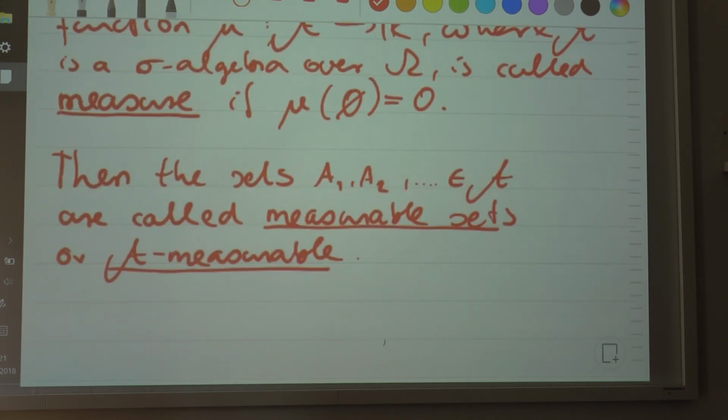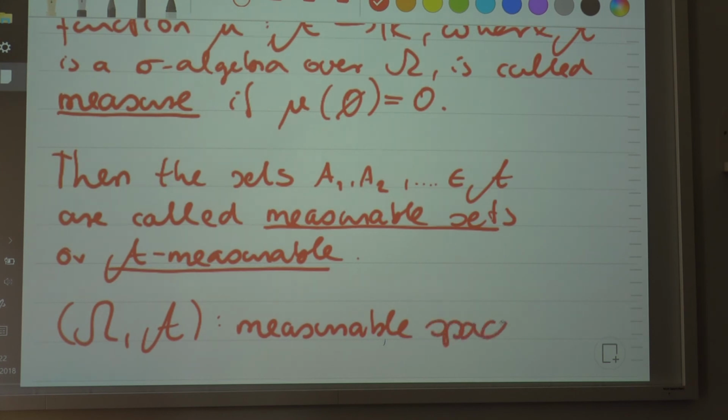Now we continue. The ordered pair that consists of omega and the sigma algebra is a measurable space. And the ordered triple, sorry, consists of omega, the sigma algebra, and the measure mu.